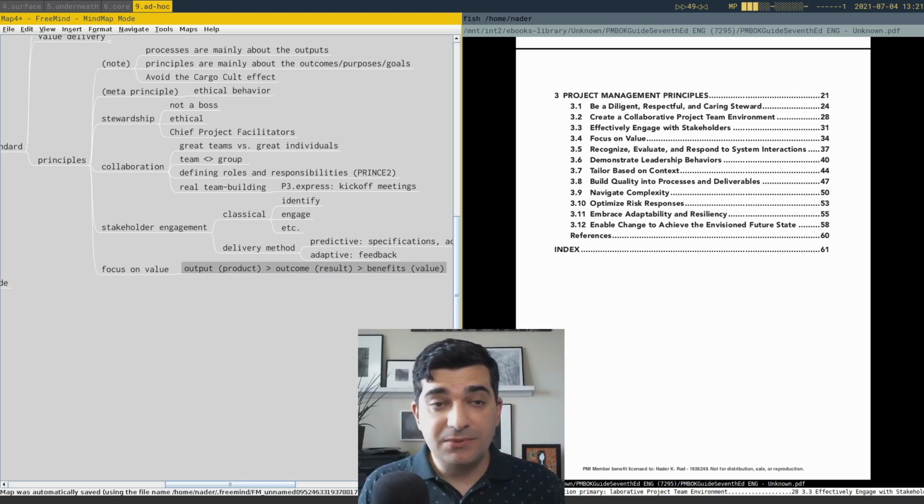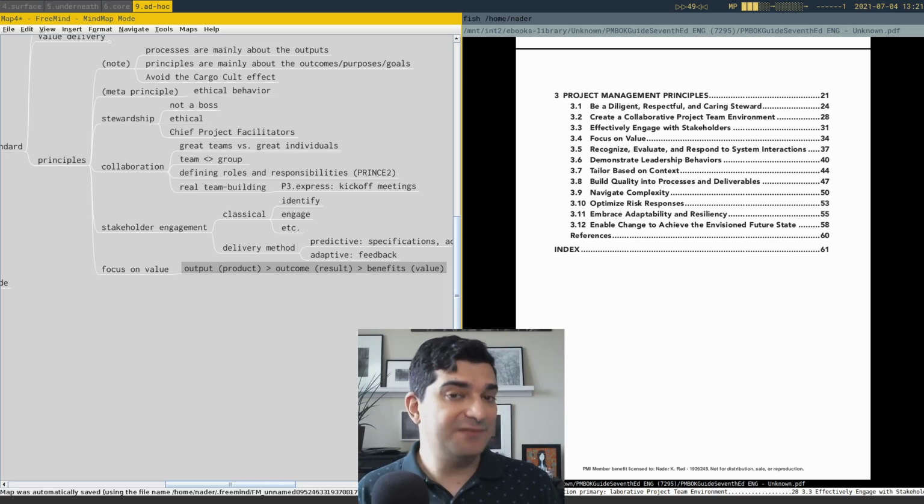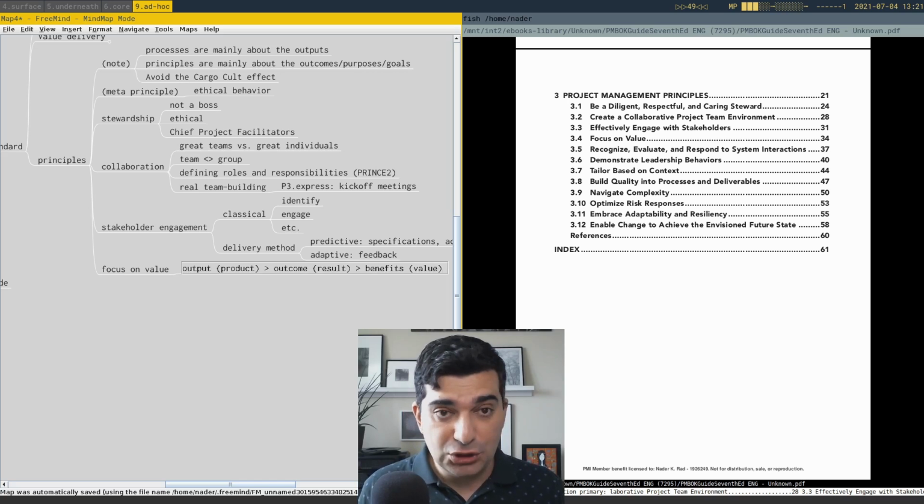But you may be thinking that that is the case in an adaptive project, but in predictive projects, we are mainly focused on the product because the product is designed upfront. It's a different layer of management. It's a program management or portfolio management that is mainly focused on that, which is correct.